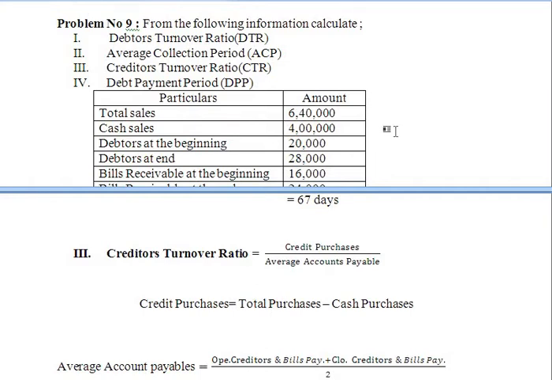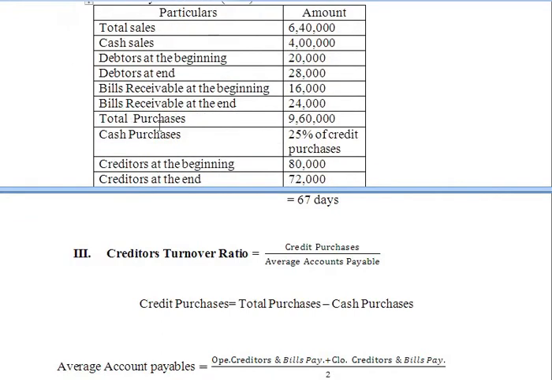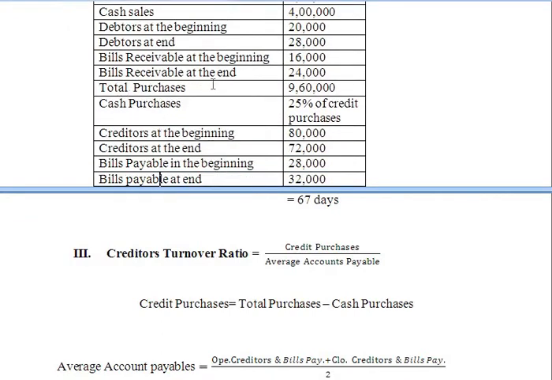See here in the problem, total purchases is 9,60,000. And cash purchases is 25% of credit purchases. So to find cash purchases, we should know the amount of credit purchases.